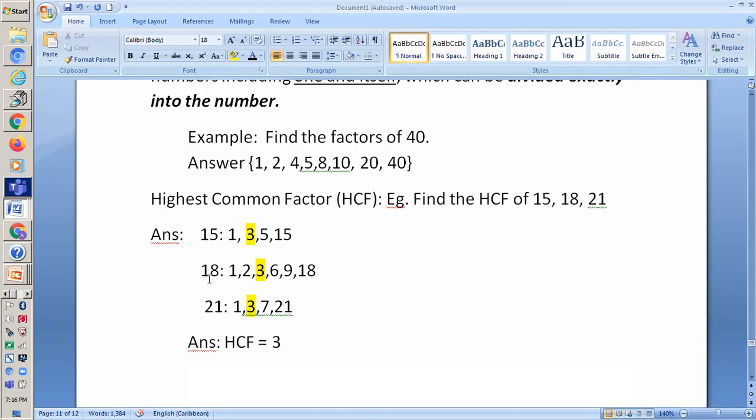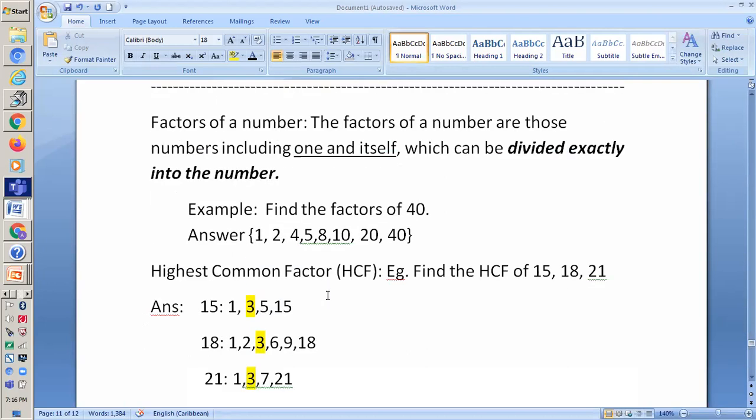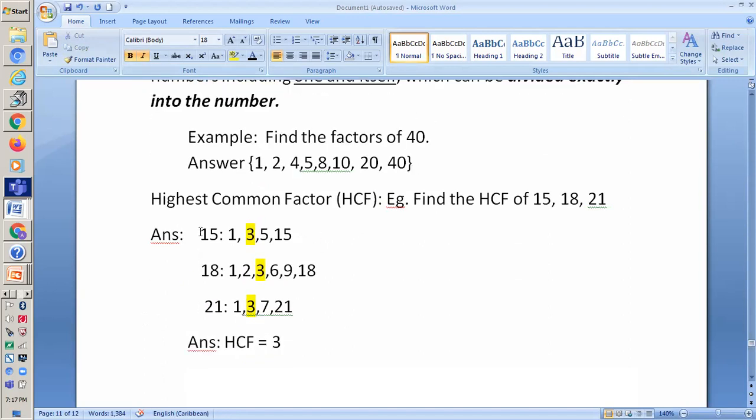Ma'am, do you want me to explain how I get the numbers for 18? I understand now. Numbers that can go into 18 without leaving a remainder. Yeah, that's the definition of what a factor is. All right. And then what you do is write out all the factors, and the question says what is the highest common factor?